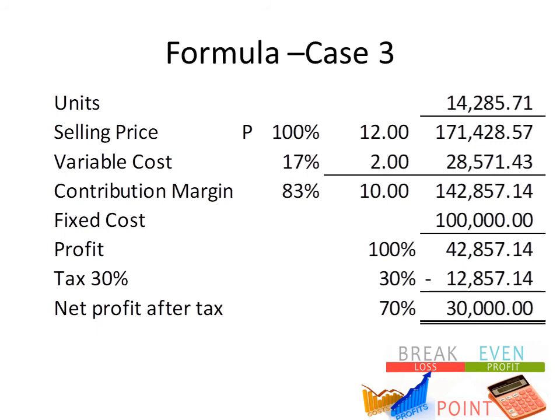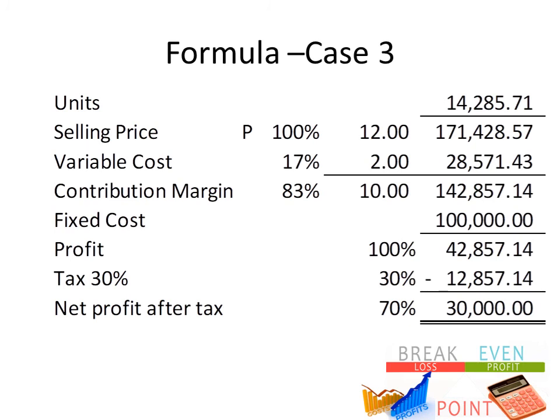We add it back to our 100,000 fixed cost so that the contribution margin needed is 142,857.14. When we divide it by 10, this will give us roughly 14,285 units. You could round it off, and because it's units, it could be 14,286.